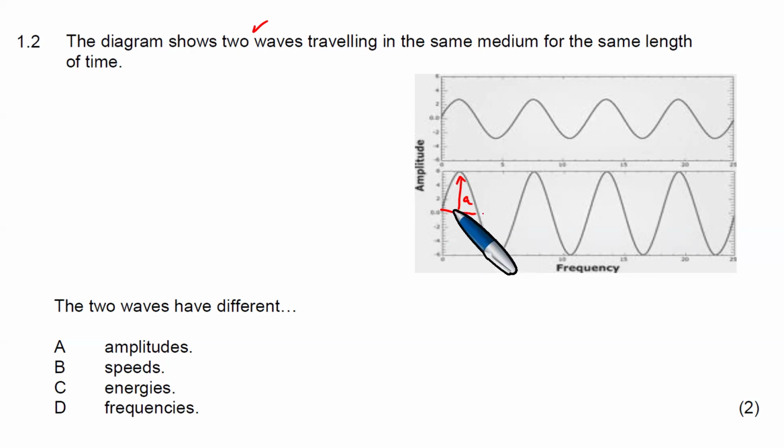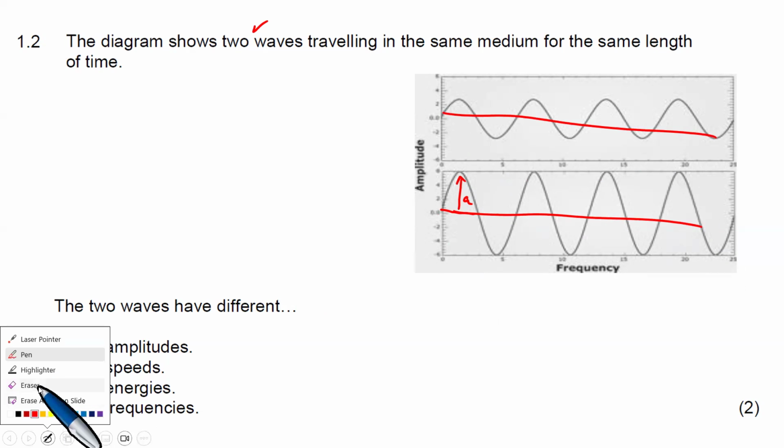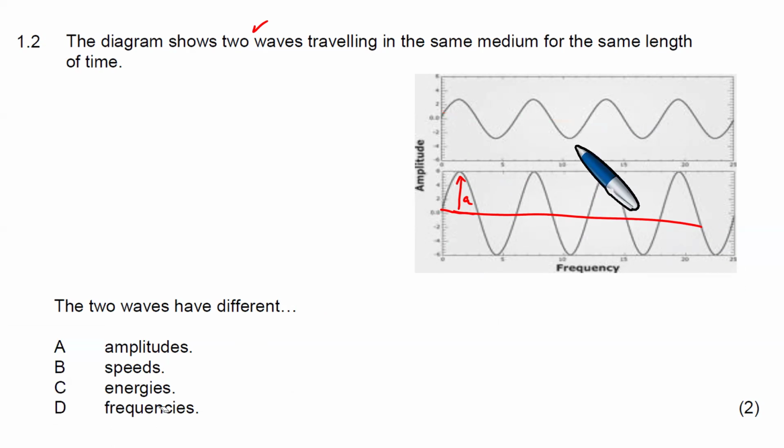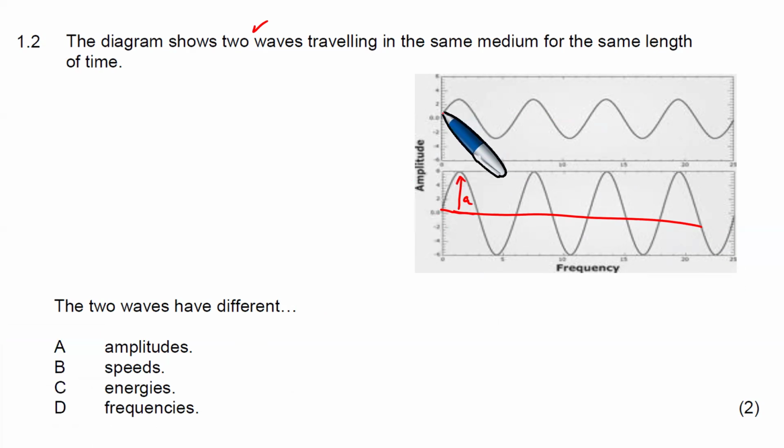So at this point, you're able to see, therefore, that if you look very carefully, these are not drawn to scale, but you draw a line right through these waves, and you're able to see, therefore, that these waves themselves, if you go horizontally like this, each one, now, this one here has a smaller amplitude, but this one is a larger amplitude. So what we're sure of is that these 2 waves have different amplitudes, right?